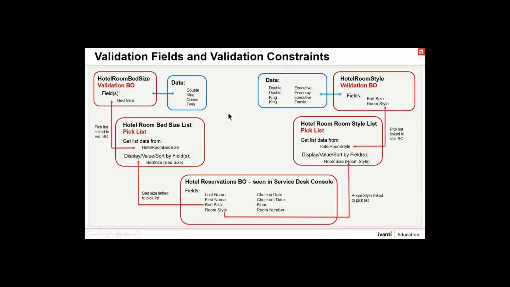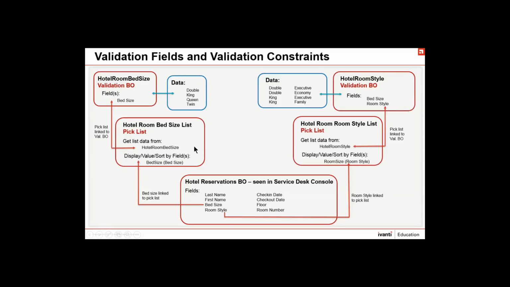To get started, I'm going to establish a link between this validation business object and this pick list. This pick list down here is linked to this object that has a list of bed sizes.